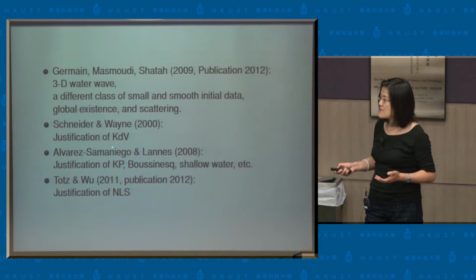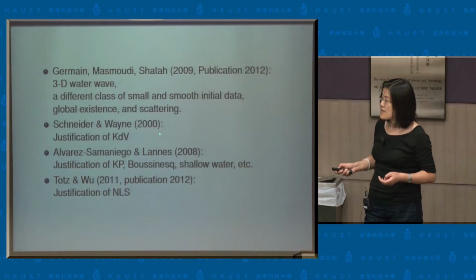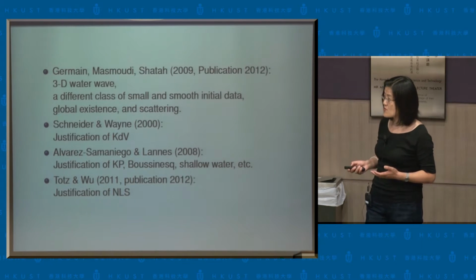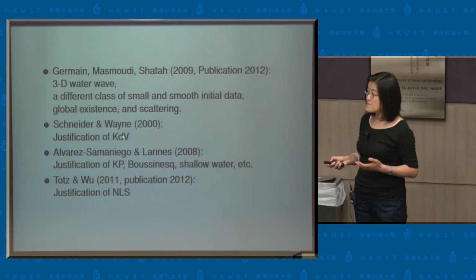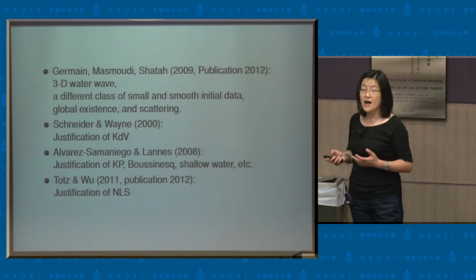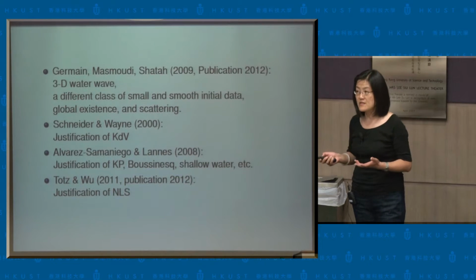Of course, this derivation existed a long time ago, but in a formal way. But in this work, these mathematicians are able to justify these derivations in rigorous mathematical terms. In other words, they are able to show that the phenomena represented by the KdV, nonlinear Schrodinger equation, KP, Boussinesq, etc., are actually observable in the real water wave in the corresponding region.